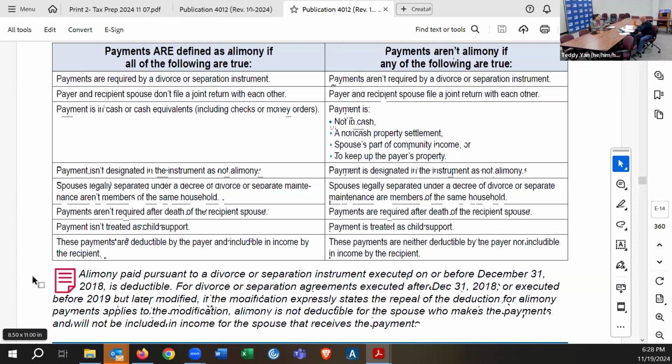Kat's divorce was finalized before the magic cutoff date and has not been modified since. Therefore, her alimony is still taxable.